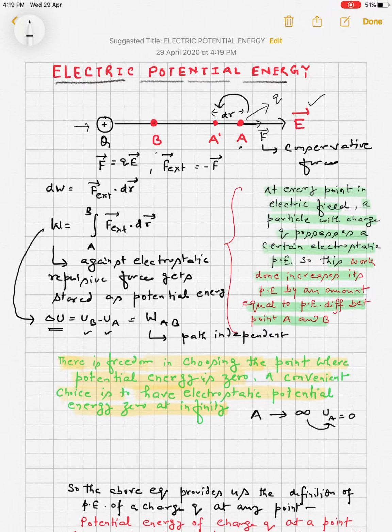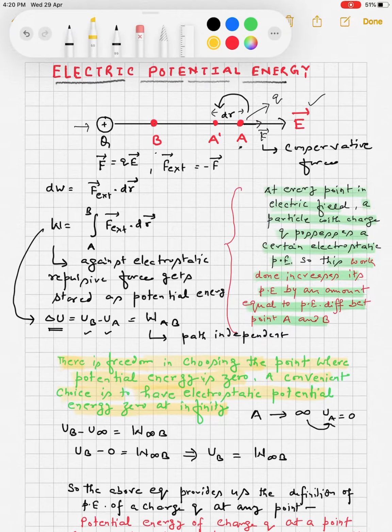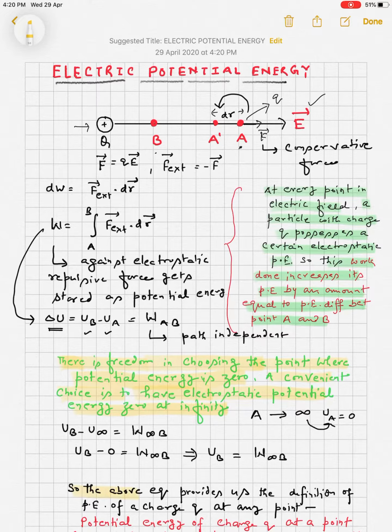From the above relation we have UB minus U infinity is equal to W infinity B. U infinity is 0, so we have only UB minus 0 is equal to W infinity B. So we get only the potential energy at point B. From this expression, the potential energy at point B is equal to W infinity B. So the above equation provides us the definition of the potential energy of a charge q at any point.